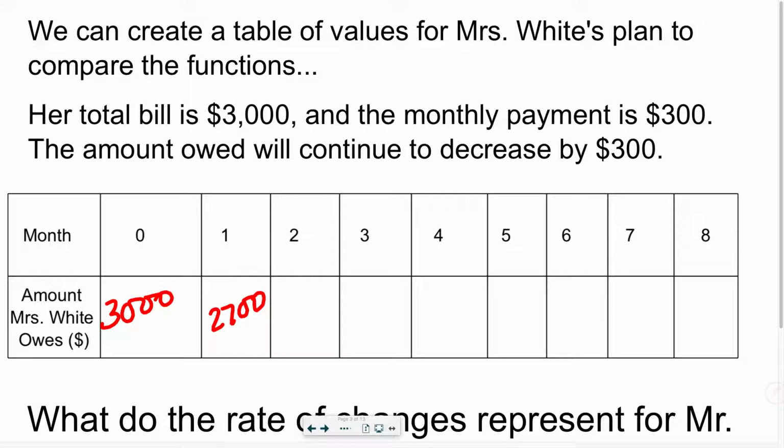So what about after 2 months? How much does she owe now? 2,000. All right. After 3 months, 4 months. How much after 4 months? 1,800. 5 months. 1,000. 6 months.